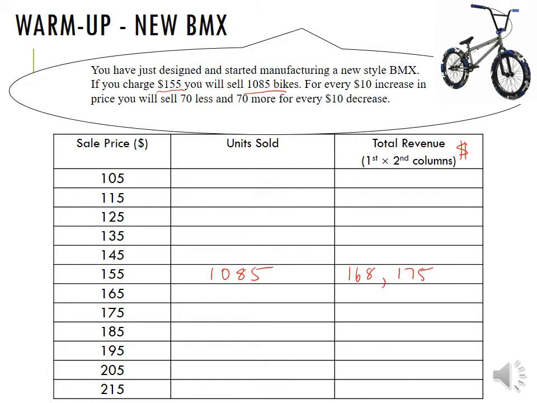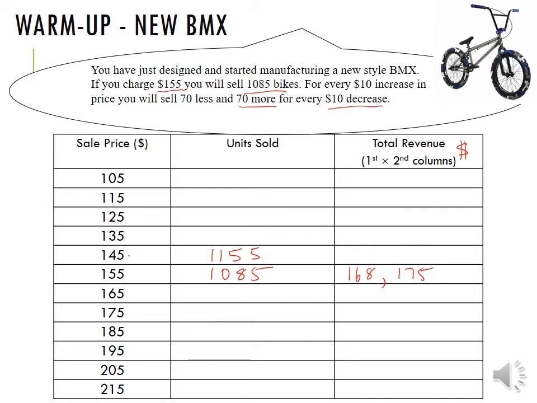Now if I go from 155 and work my way up, so it says for every $10 decrease in price, we're going to sell 70 more. So if I decide to sell for 145 here, I'm going to actually sell 70 more bikes, or 70 more BMX, which means this would become 1155, and that's just adding 70.